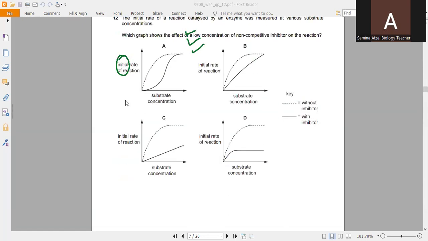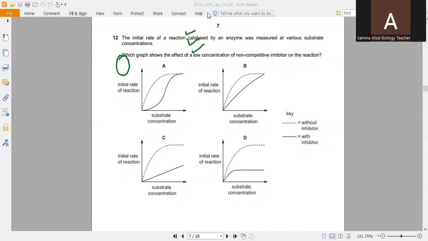Now question number 12. You can see over here, the initial rate of a reaction catalyzed by an enzyme was measured at various substrate concentrations. This graph shows the effect of a low concentration of non-competitive inhibitor on the reaction.